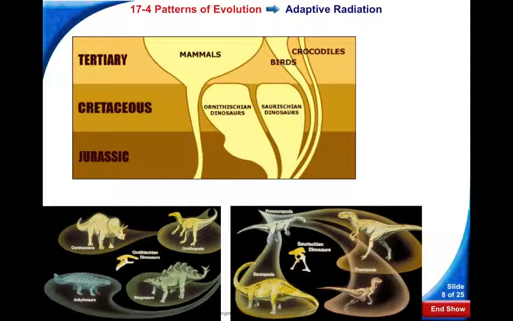When we take a large scope view of adaptive radiation and evolution in general, what we can see is that the mammals did really well when we got just past the Cretaceous era. This is when the asteroid impact happened, and the mammals were able to heat their bodies, little rodent-like creatures. They were burrowers, and they could get into critters' eggs, they could eat nuts, they could stay warm, so they did a pretty good job of surviving. And this is just the tail end of the two types of dinosaurs.